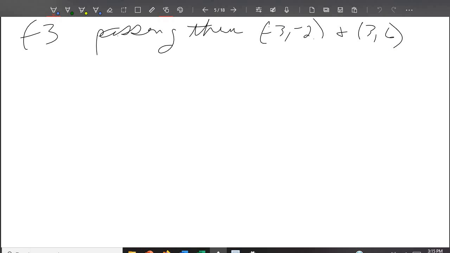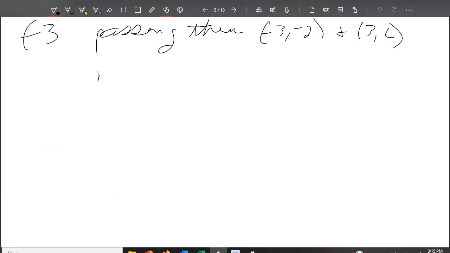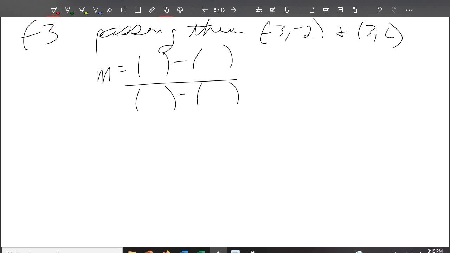Here's another one. 2 points. First thing we're going to do is find the slope. Alright, so the second y is 6, first y is negative 2. The second x is 3, and the first x is negative 3.